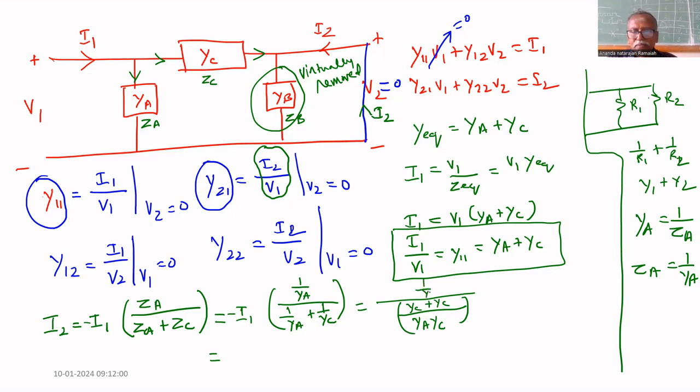In the numerator, 1 by YA multiplied by minus I1. YA gets cancelled, so YC comes to the numerator. Minus I1 YC divided by YA plus YC.